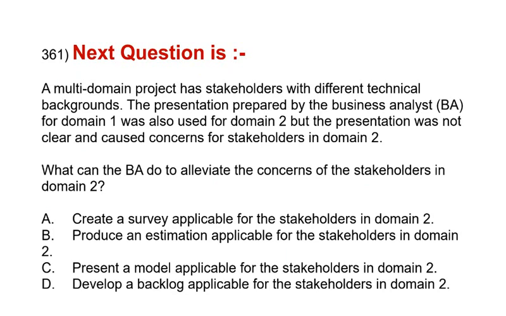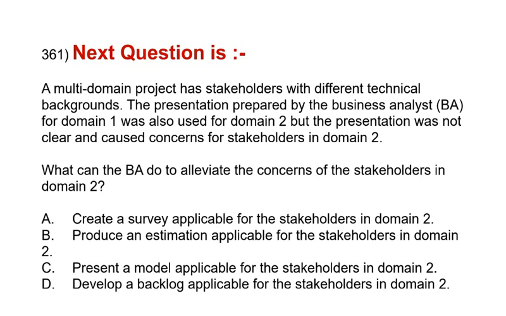Question is, a multi-domain project has stakeholders with different technical backgrounds. The presentation prepared by the business analyst, BA, for domain 1 was also used for domain 2, but the presentation was not clear and caused concerns for stakeholders in domain 2. What can the BA do to alleviate the concerns of the stakeholders in domain 2?